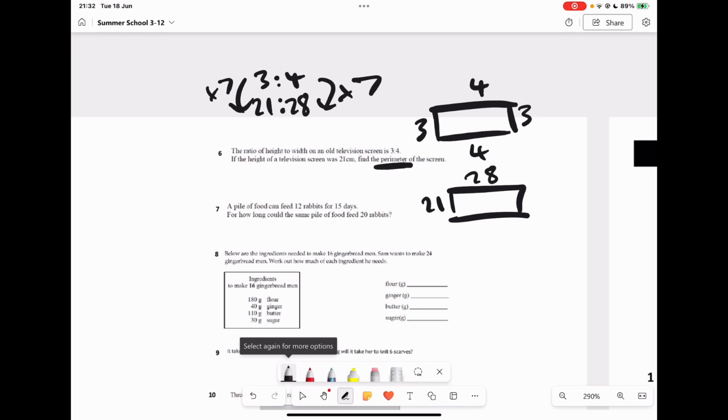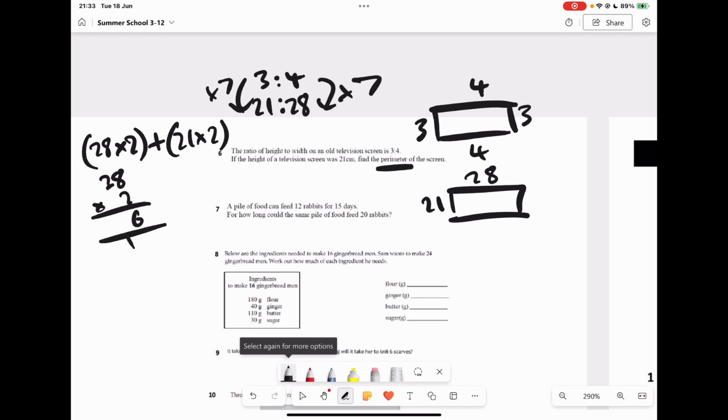But then it's asking for the perimeter, so what we do is 28 times 2 plus our 21 times 2, because we're adding up each side. So it's like doing 21 plus 21 plus 28 plus 28. So how can we do this? Well, 28 times 2, we can use the column method.